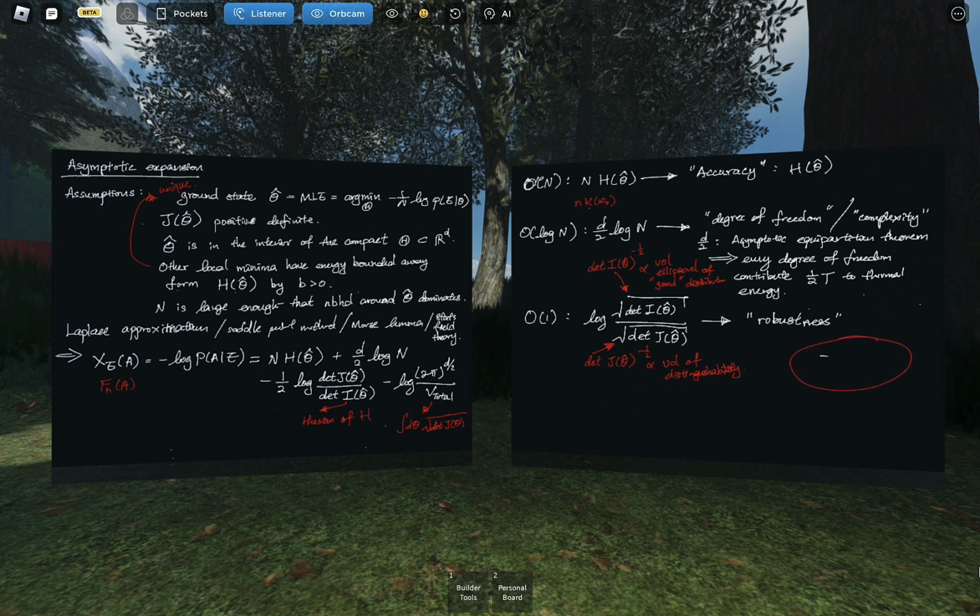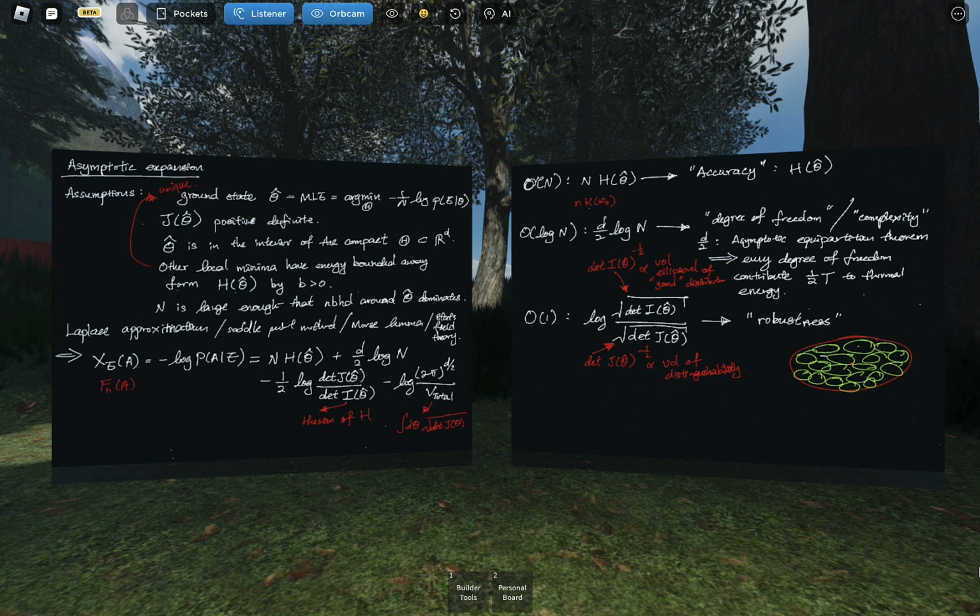So the picture is that's the MLE, and that's the ellipse around the MLE, and if the volume of distinguishability is very small, meaning that there's a lot of essentially different good guesses, what that means is that you don't need to specify precisely.